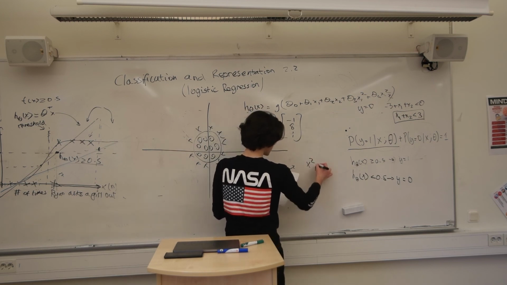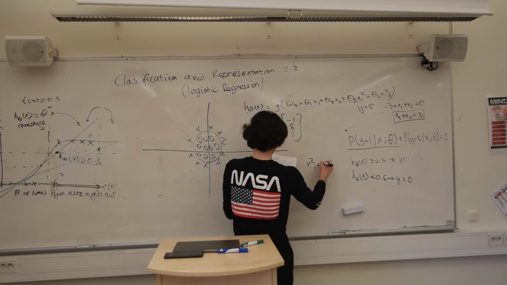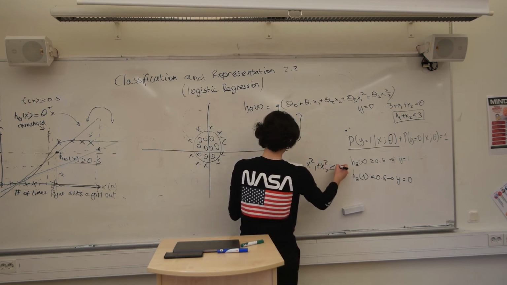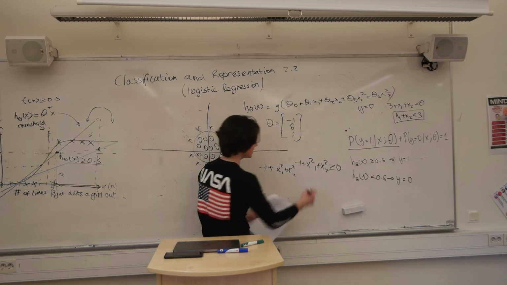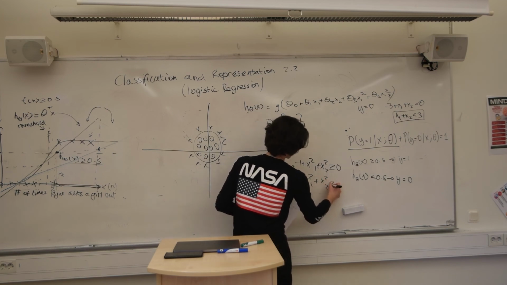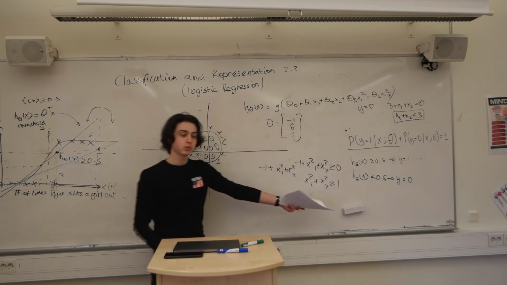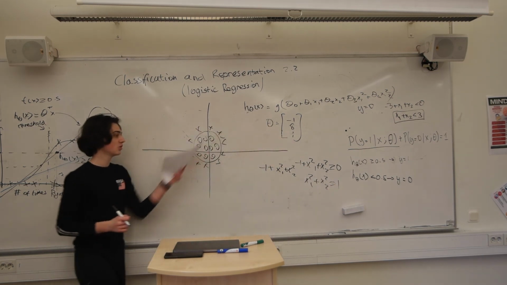Remember, if we want to predict that y is going to be 1, we're going to say that this is greater or equal to 0. Move negative 1 to the other side: x1 squared plus x2 squared is greater or equal to 1. Plotting the equation version of that will give you this circle.